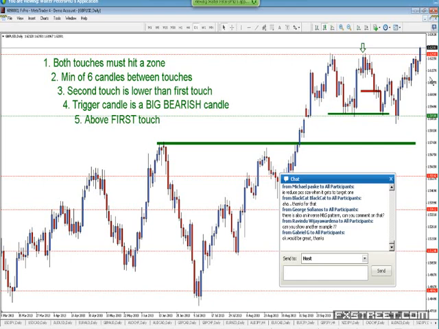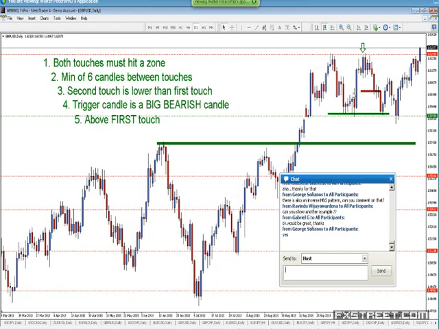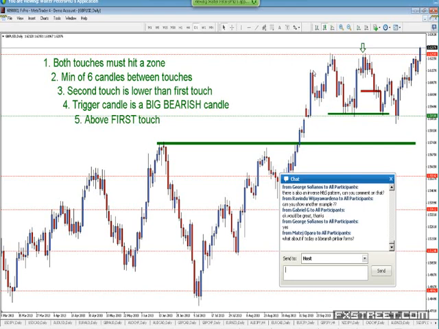I'll make a note. Yeah, there's an inverse head and shoulders pattern, says George. Yep. I think you're talking about shoulder, head, and shoulder. Are you talking about shoulder, head?